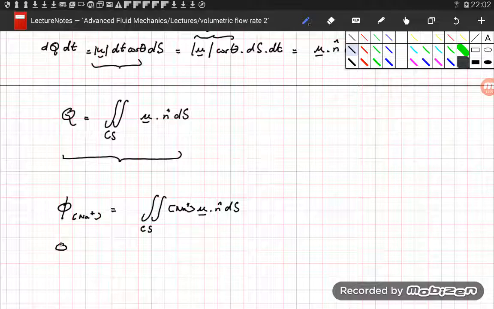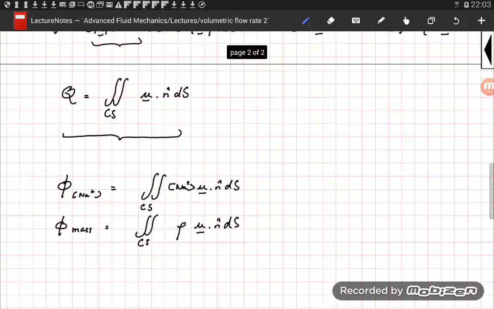If we're thinking about the mass flux, so phi, let me call this mass, this becomes the double integral over the control surface of the volumetric flow rate. So this is the volume passing through ds times the density. This is how much mass goes through ds.